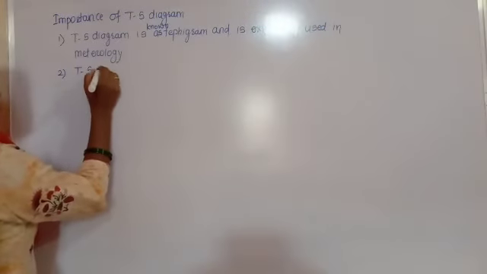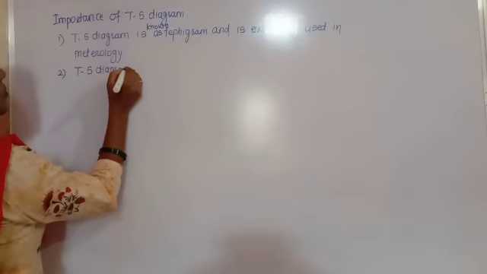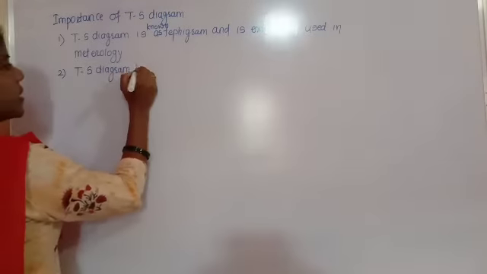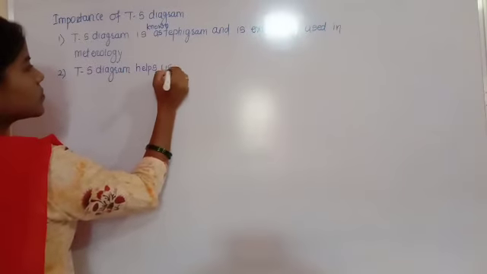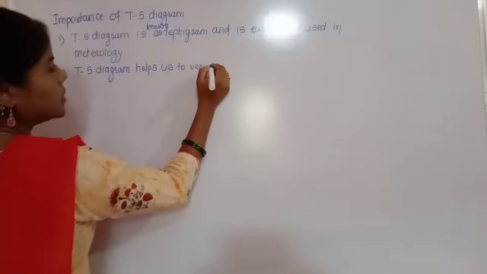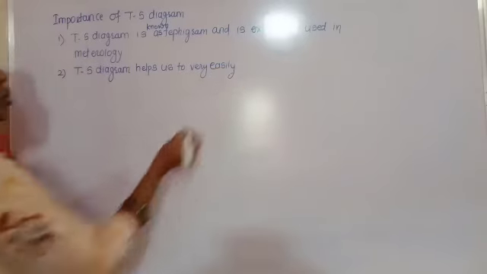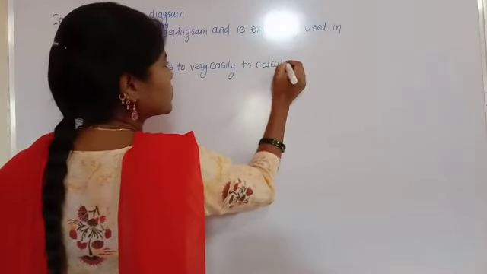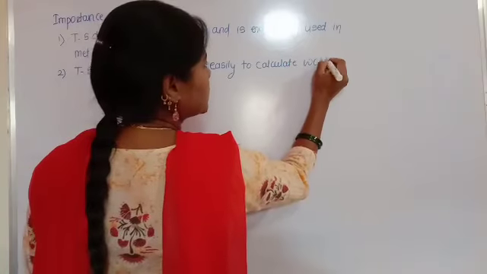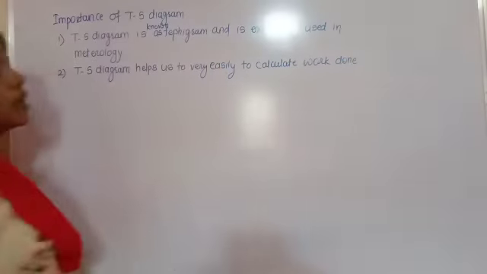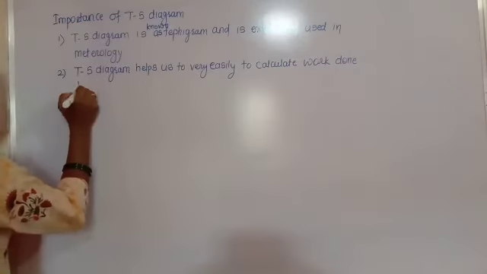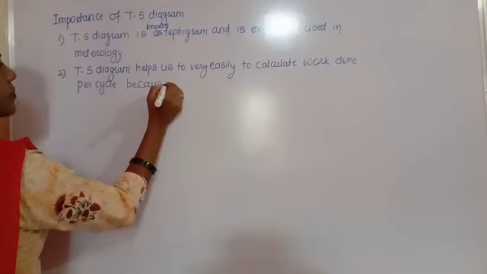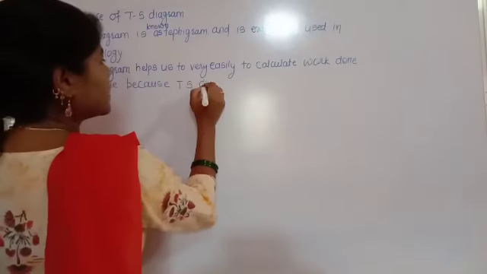The TS diagram helps us to very easily calculate the work done per cycle, because the TS diagram is a rectangle.